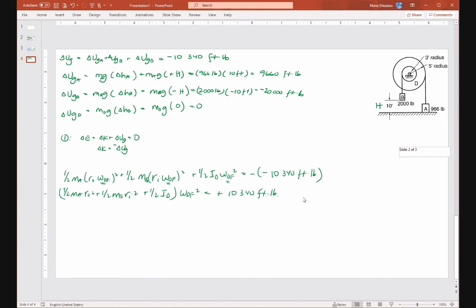What does this bracket give us? If you plug in your numbers, because we know M. Well, actually, this is where you're going to need your G, because we don't know M. We're given mg.